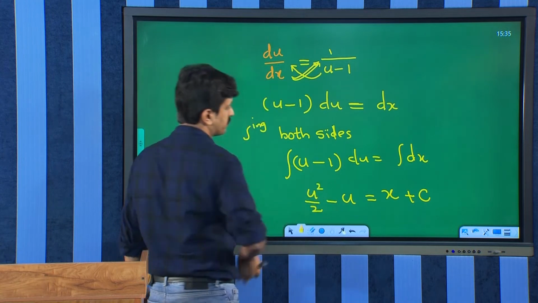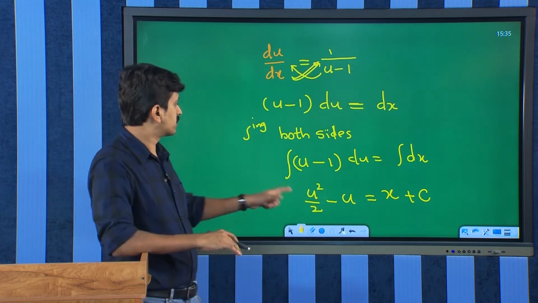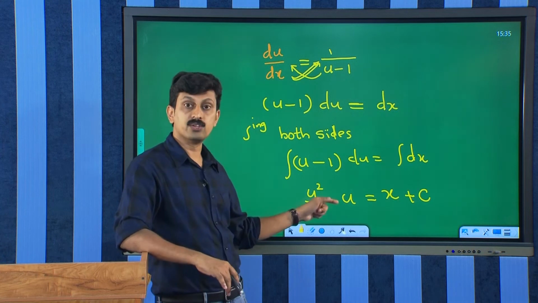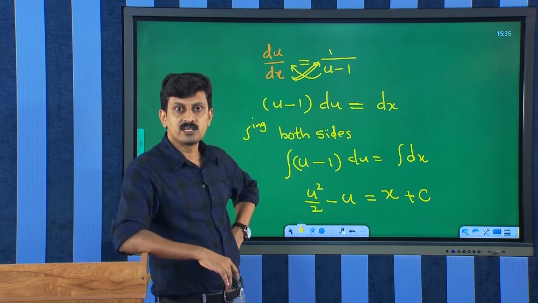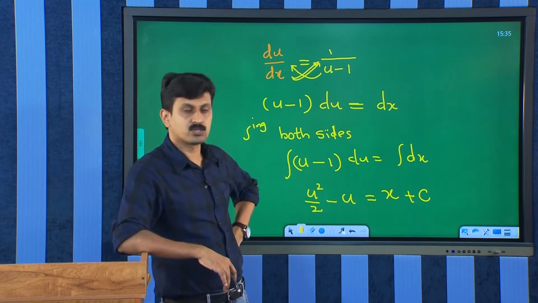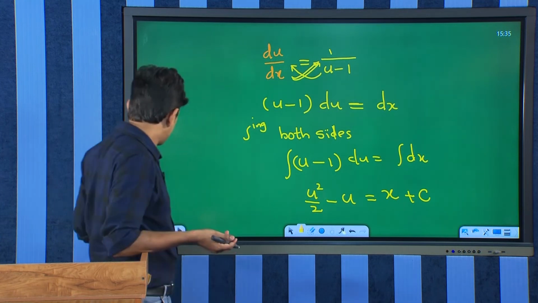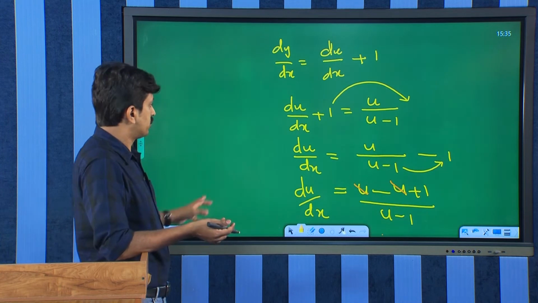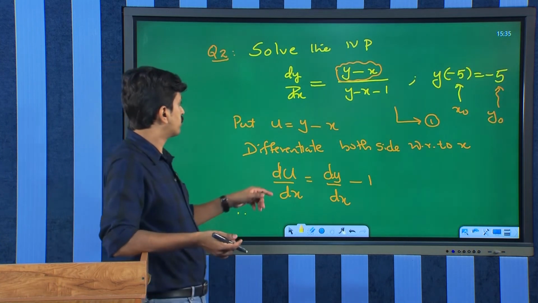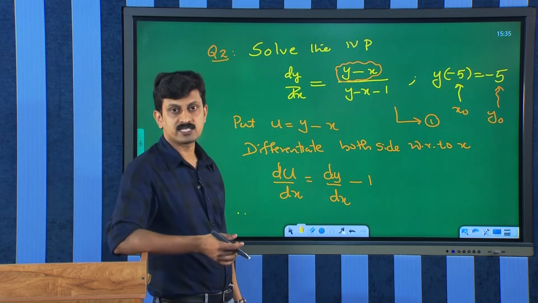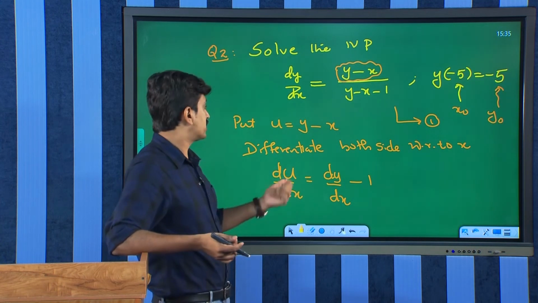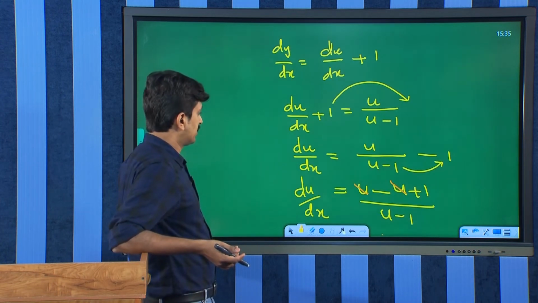Now, this is the solution in u and x, so we have to replace the value of u. We replace u by y minus x.